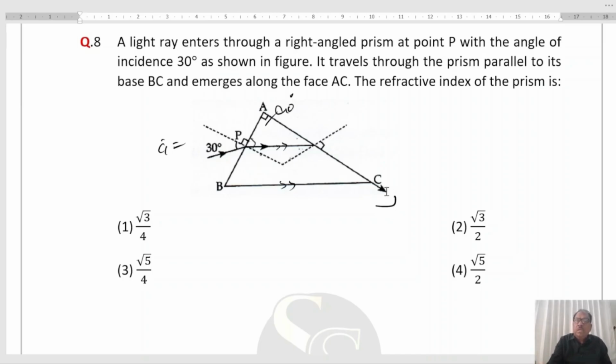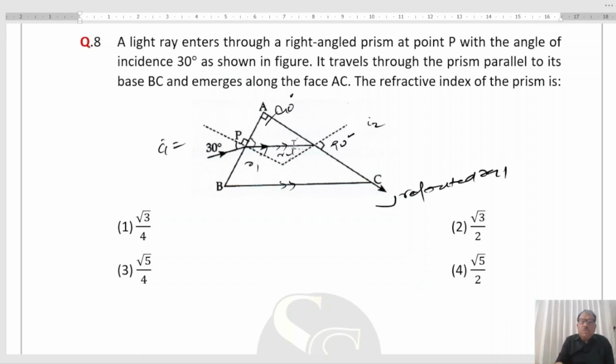This is the refracted ray for this interface, means this is 90 degree. This is I1, this is I2, this is R1, this is R2.